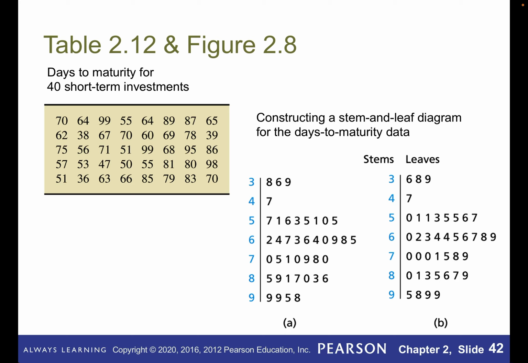The reason why I said earlier that this is perhaps the best of all is because it gives, number one, the ability to reconstruct the entire data set. If we started with the stem and leaf plot, then we know exactly what data values were included.